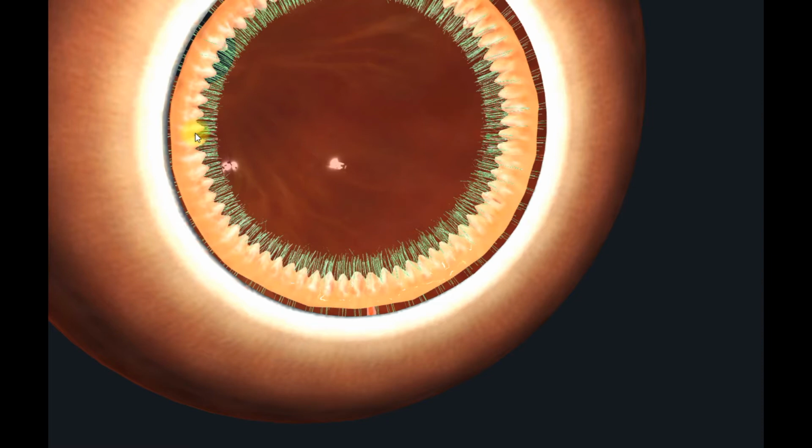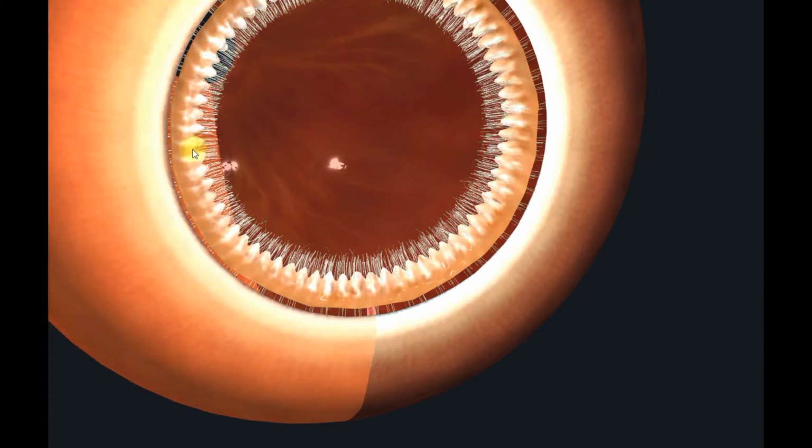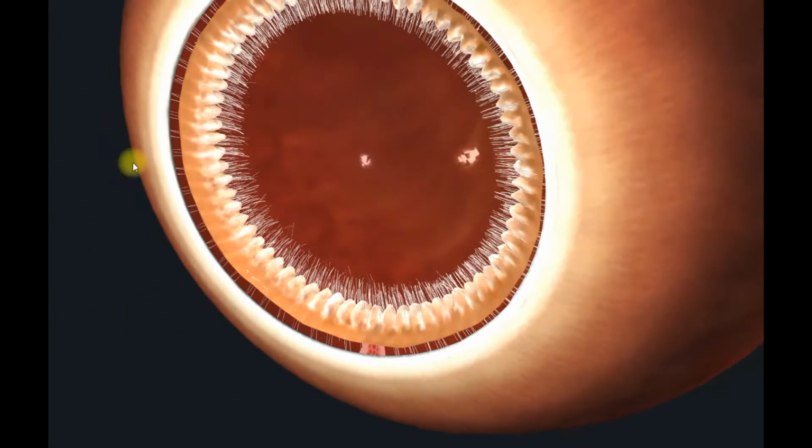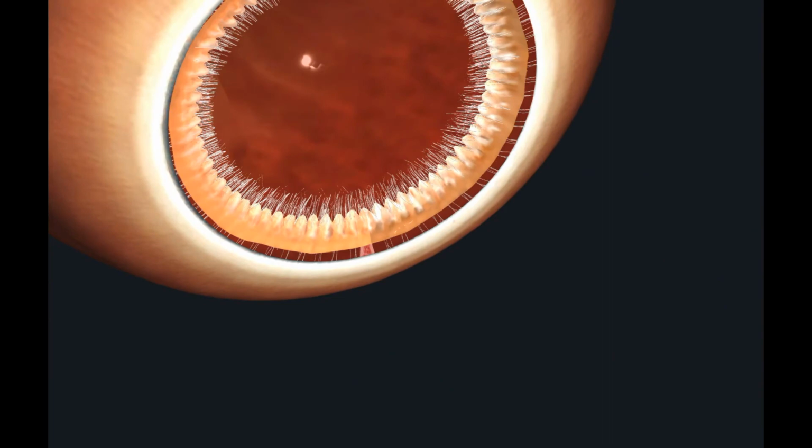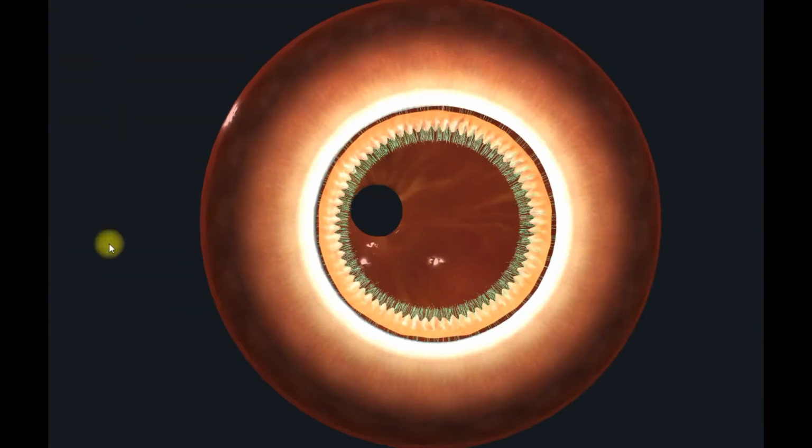The ciliary body may be divided into two parts: the anterior corona ciliaris, part of the pars plicata, and the internal part, which is formed by muscles and which is also called the ciliary ring.